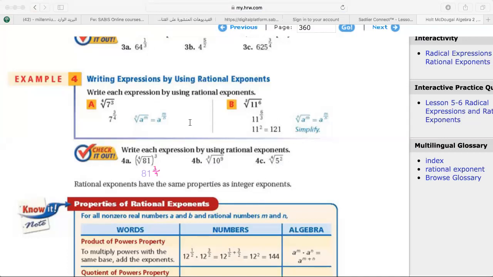Here I have 10. The index is 3, so the denominator is 3, and the numerator is 9. 9 over 3 is 3. So 10 to the power 3 is equal to 1000.